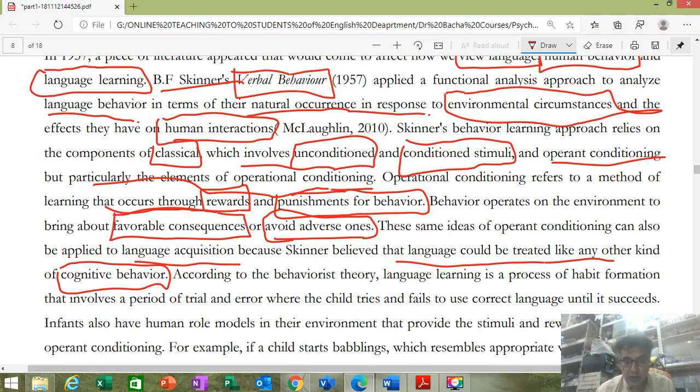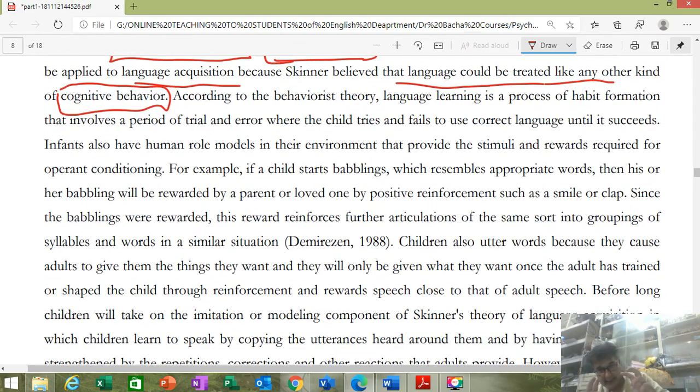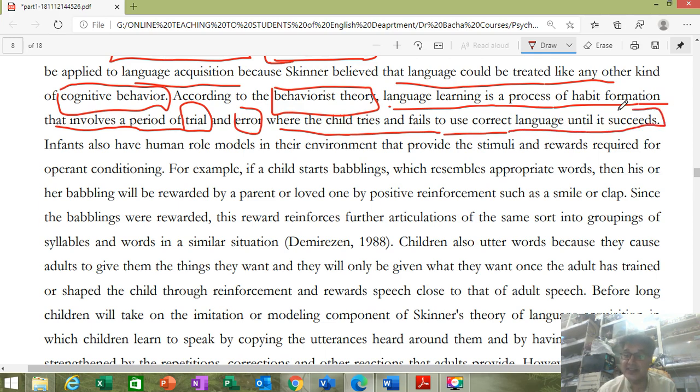So according to this behaviorist theory, language learning, remember, is a process of habit formation that involves a period of trial and error, where the child tries and fails to use correct language until it succeeds.